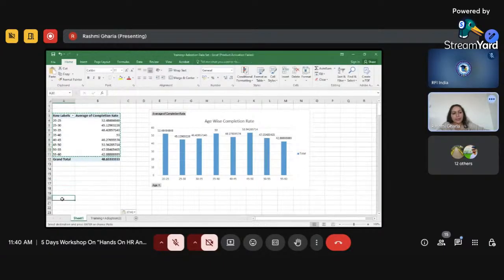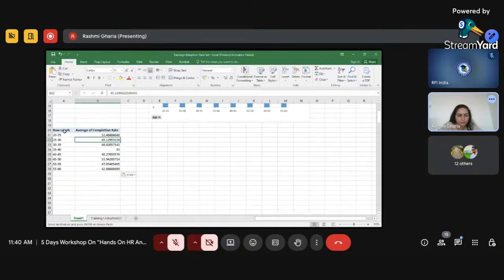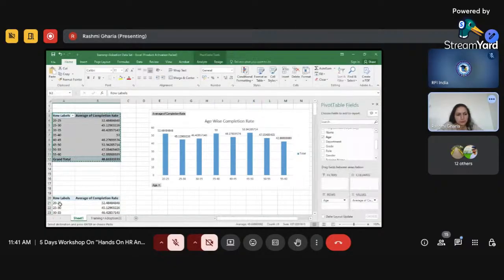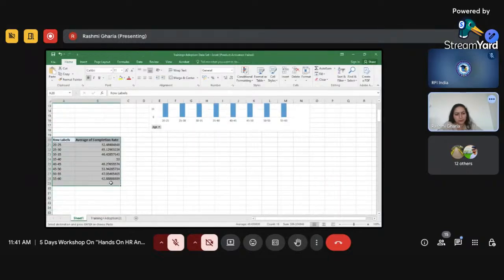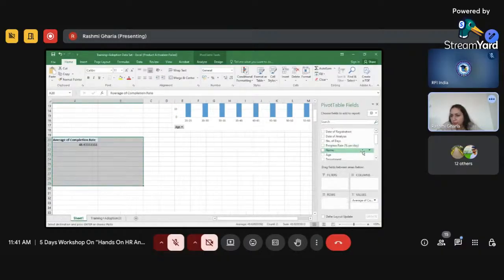Then secondly, what I'll do is again select this. Now I want department-wise adoption rate.